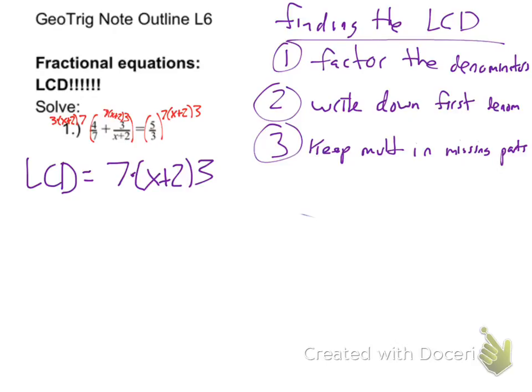Guys, I basically just distributed the 7x plus 2 times 3 in. So everything on the top in the numerators have it. The reason I like this method is because now I can cancel and I'm allowed to show it.